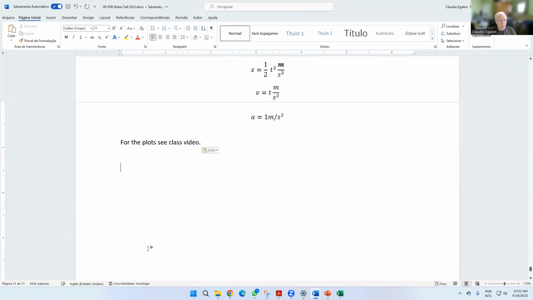So what we did so far: one, determined equations of motion for uniform acceleration.